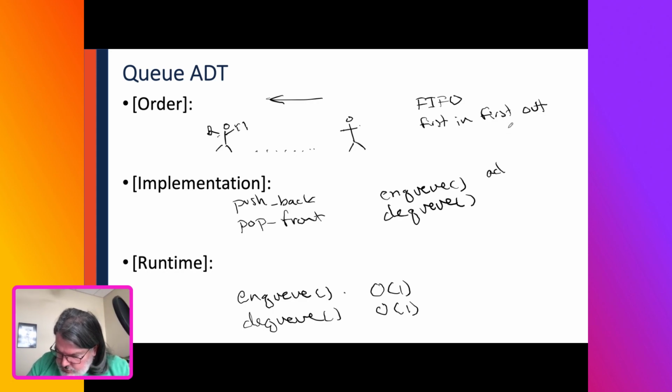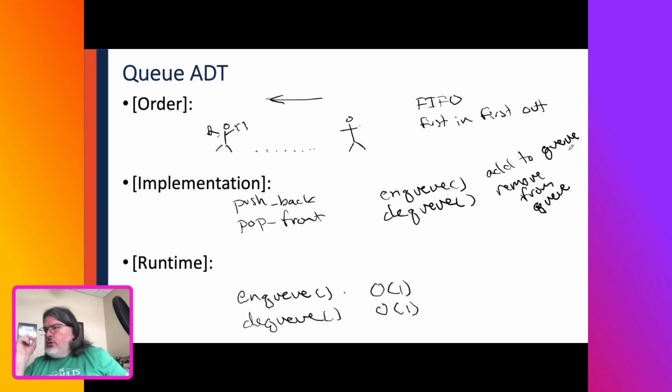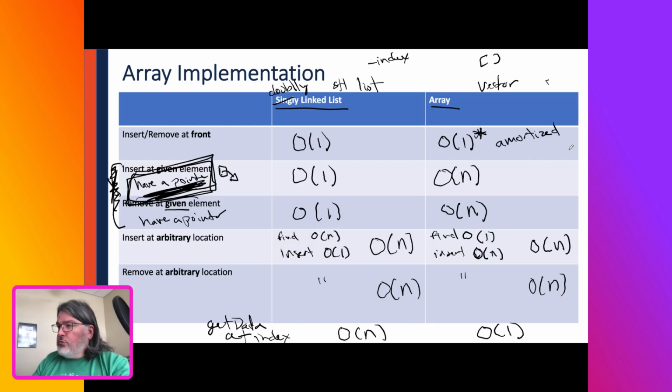Add to Q. Remove from Q. So NQ is to add to the queue. DQ is to remove. And that's it. Well, let's see. Insert or remove at front, constant.